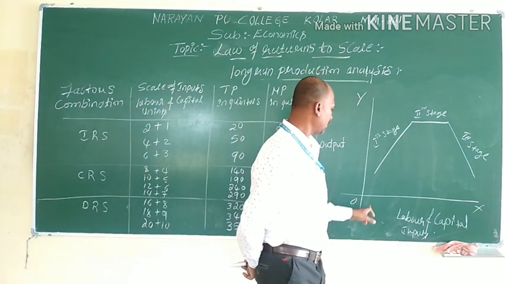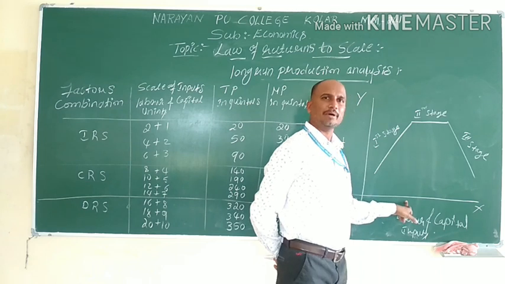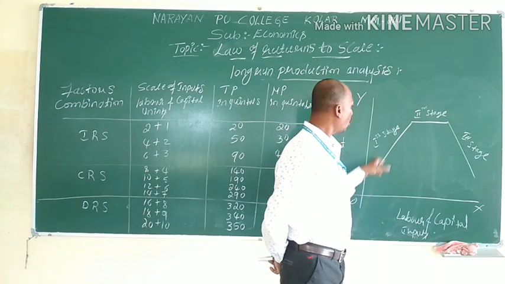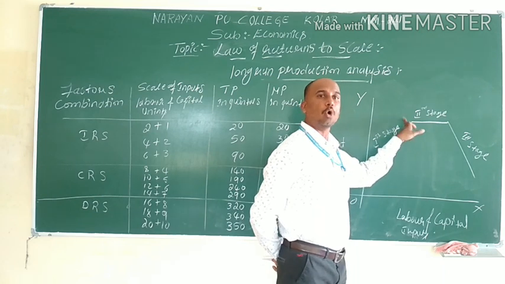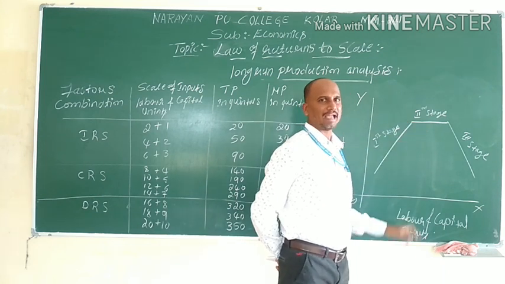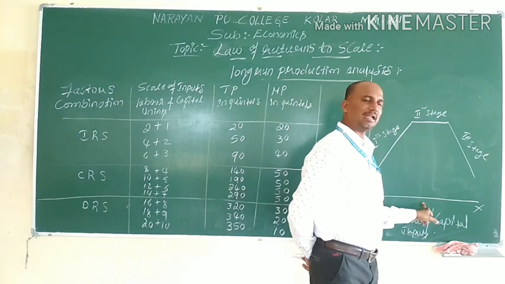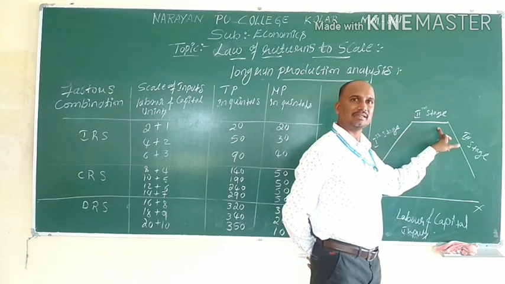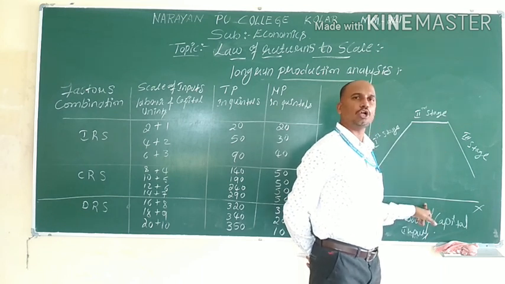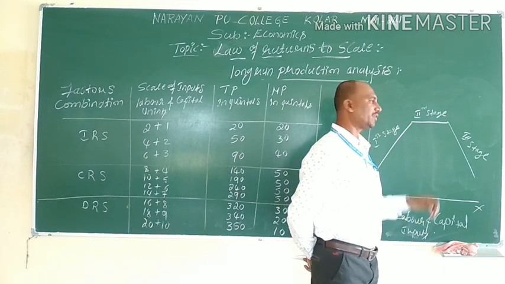Once again, in the first stage, increasing returns to scale, labor and capital increase, output also increases, but output increases more than the labor and capital. In the second stage, labor and capital increase, output also increases, but the increase in output is equal to the increase in labor and capital.